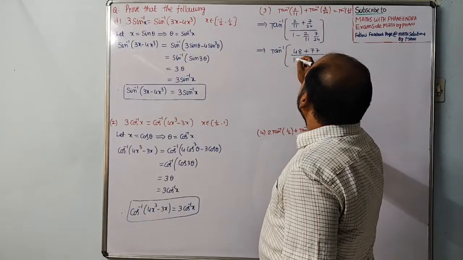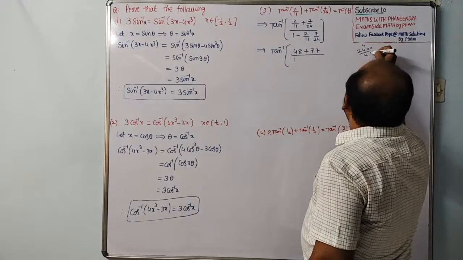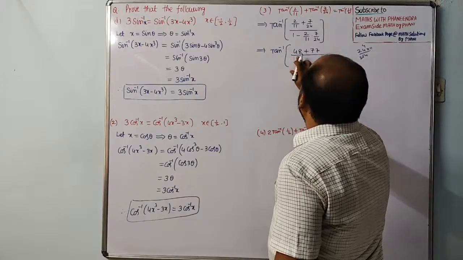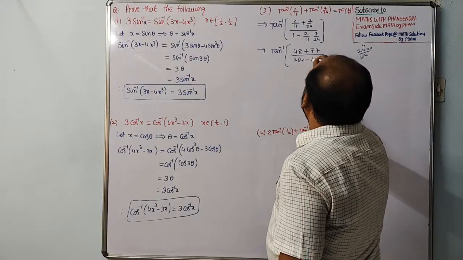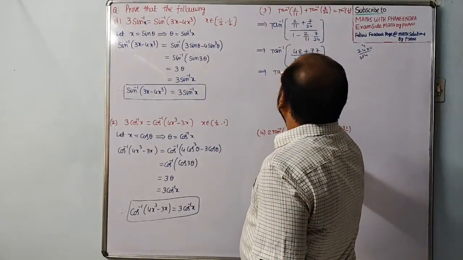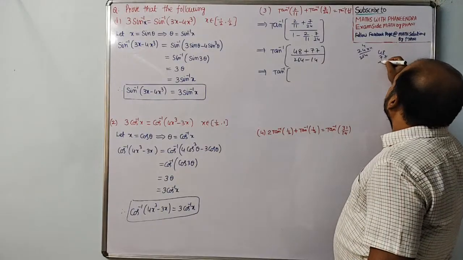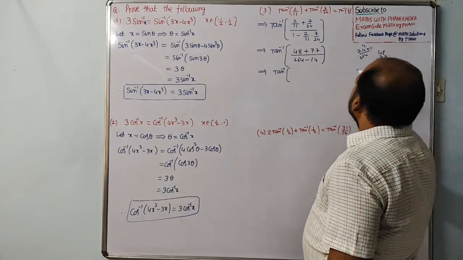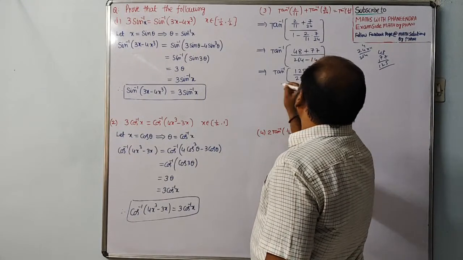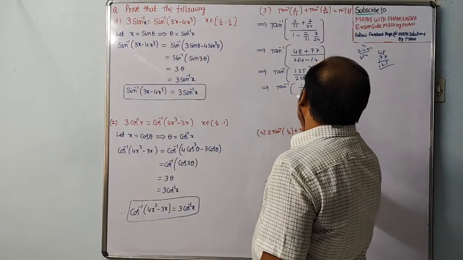So 11 into 24, how much? 264. 264 minus 14, so that implies tan inverse of 48 plus 77, 125, divided by 250. So 125 ones, 125 twos. Tan inverse of 1 by 2.